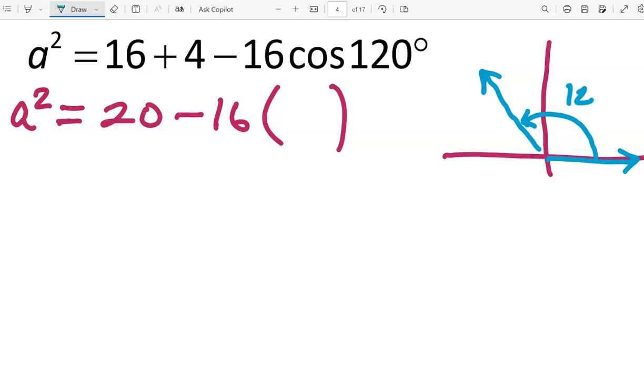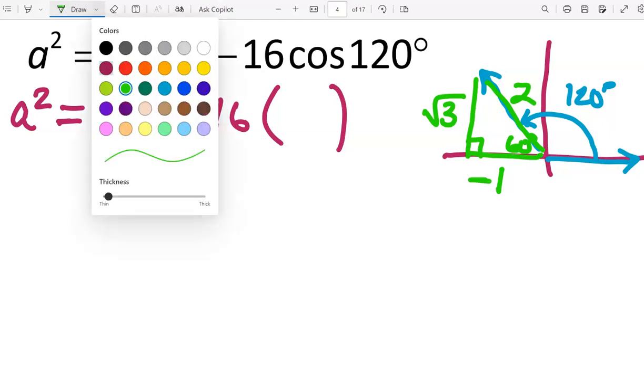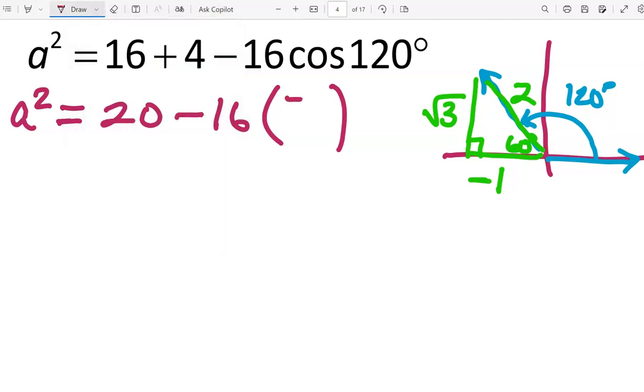And so if this is 120 degrees, inside our reference triangle, the reference angle will be 60 degrees. That gives us an adjacent side of 1, opposite square root of 3, hypotenuse of 2. Oh yes, but remember the adjacent side is directed to the left, so it has a negative side length. And so adjacent over hypotenuse will be negative 1/2.